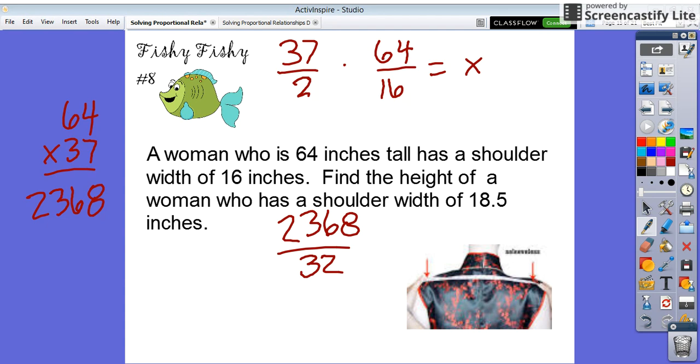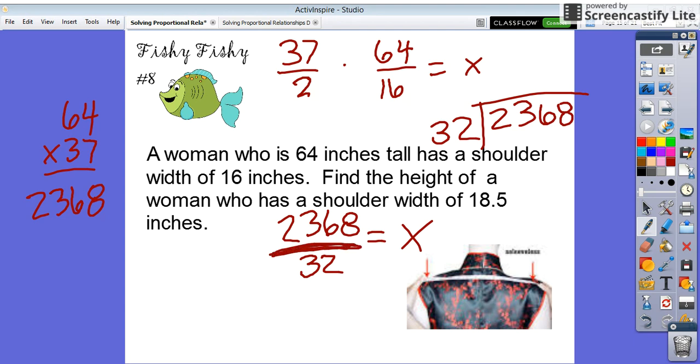So now I still have an improper fraction set equal to x, and I cannot have an improper fraction. So I need to turn it into either a decimal number or a whole number. So if I take 2,368 and I want to turn it into a whole number, I'm going to divide. Remember, our fraction bar means to divide.